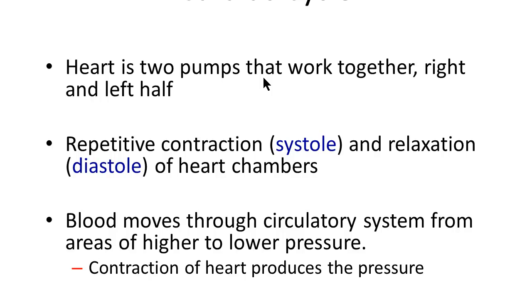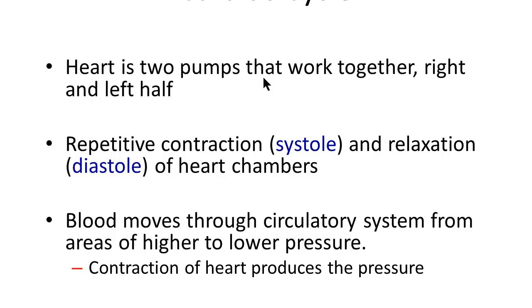So systole means contraction, diastole means relaxation. And if you hear the term asystole, that means that there is no contraction, no heartbeat essentially. So asystole is definitely not something we want to see in our patients, because that is an indication of death. So systole means contraction, diastole means relaxation.